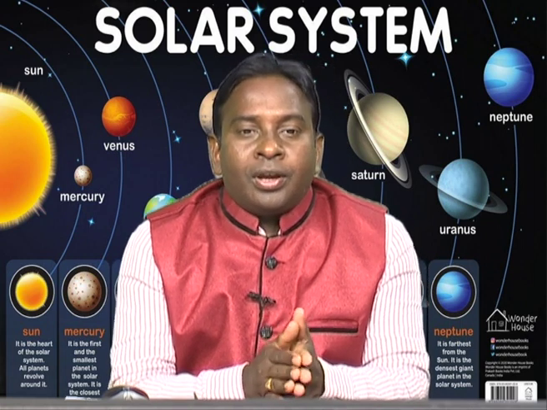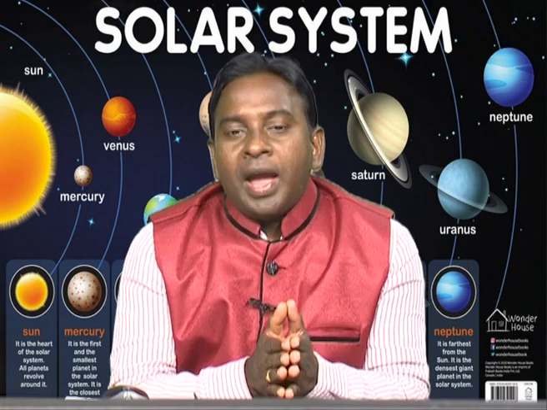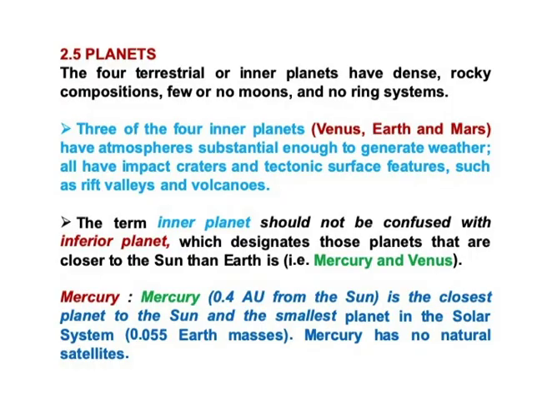These planets have an atmosphere substantial enough to generate weather, which is producing good weather. They all have impact craters and tectonic surface features, as well as rift valleys and volcanoes.